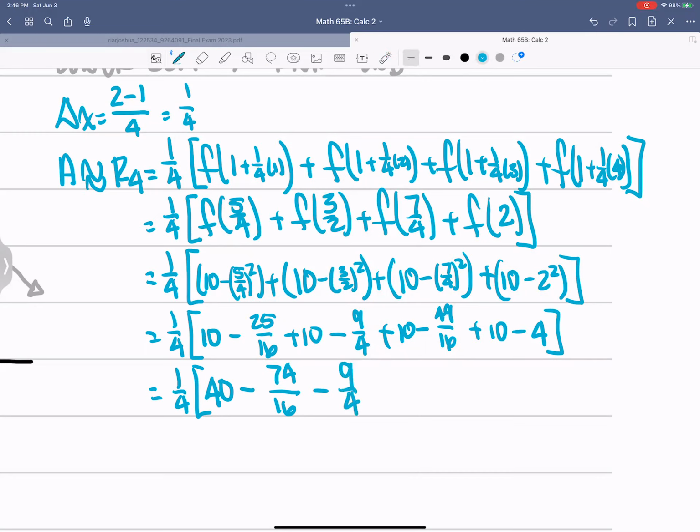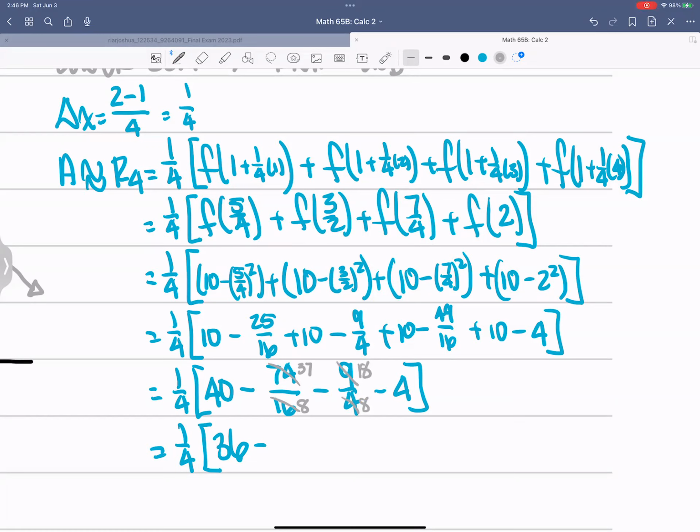So 9 over 4, and then minus 4. So we have a little bit to do here. 40 minus 4, 36. Minus, actually we could simplify this. That goes into that 2 times. That's 8 and 37 over 8, so this will be 8 and 18.